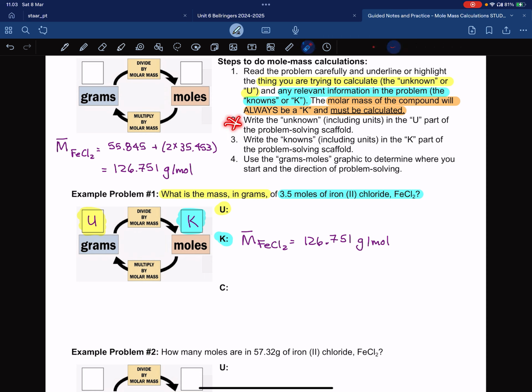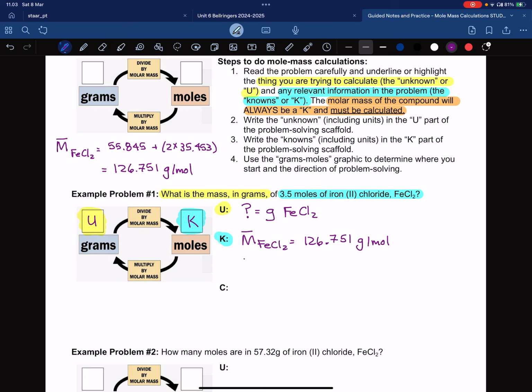Write the unknown, including units, in the U part of the problem-solving scaffold. The unknown, which we symbolize with a question mark, has units of grams for the mass of iron 2 chloride. Then we write the knowns, including units, in the K part of the scaffold.